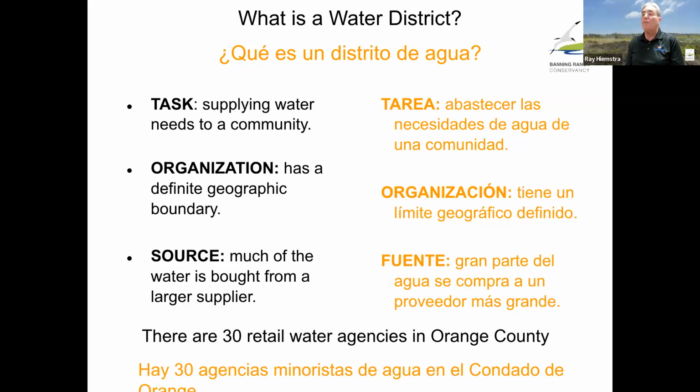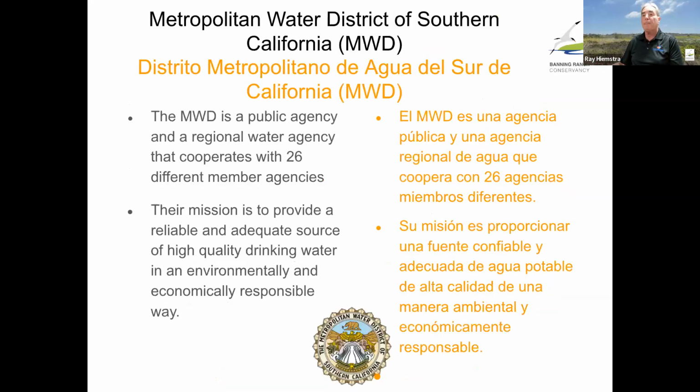Often they're elected officials. They'll be on your ballot. They're usually right towards the end where not many people pay attention. Either that, or if you're in some cities, it may be your city council. But these elected officials of these agencies make very important decisions about billions of dollars.